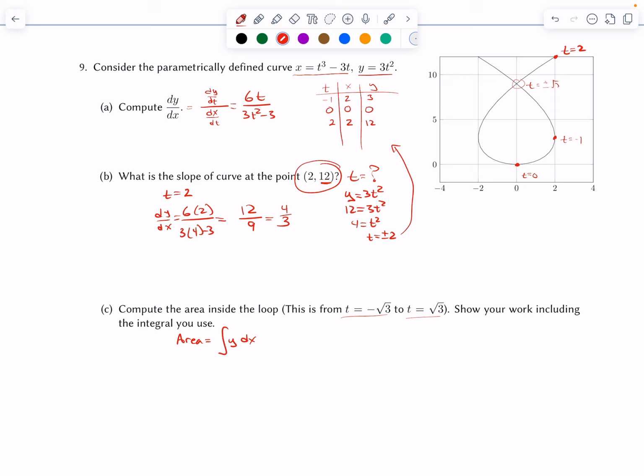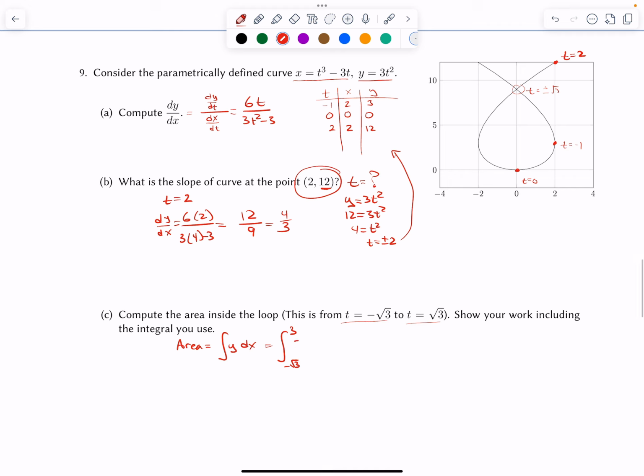So if you remember this, then that's pretty straightforward. In this case, you're going to do the integral from negative radical 3 to radical 3 of y, which is 3t squared, times dx, the derivative of x, dx over dt, 3t squared minus 3.